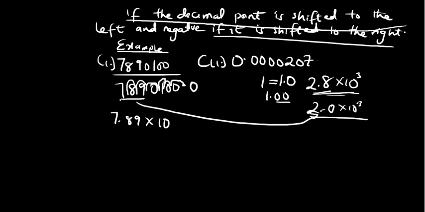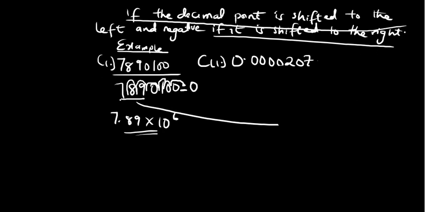How many times did we shift it? 1, 2, 3, 4, 5, 6. So that is 10 raised to power 6. That's how we do it. I didn't put a minus because we shifted the decimal to the left, and the rule is that whenever we shift to the left, the power will be positive.